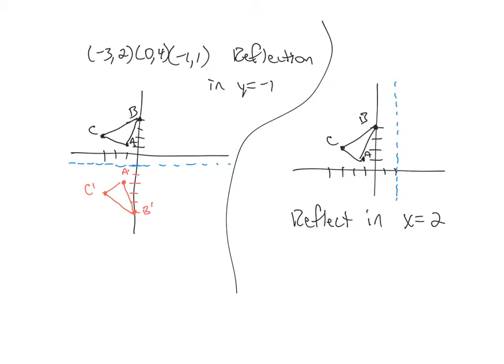So the B is 2 over, so I have to go 2 more over. The A is 3 spaces, so 3 spaces the other way. And the C is 3, 4, 5, so 5 spaces in that direction. Oh, that was terrible.